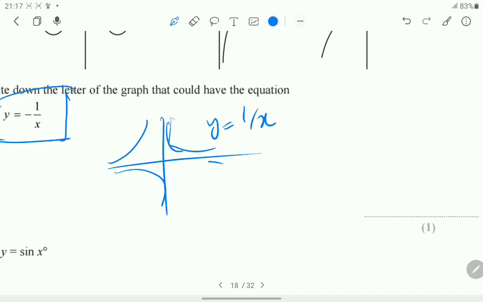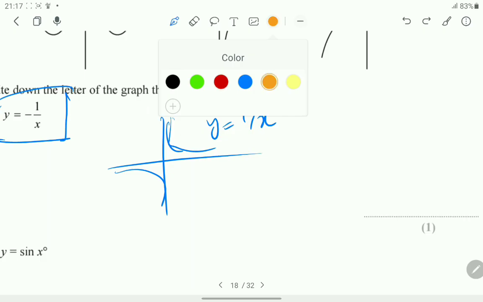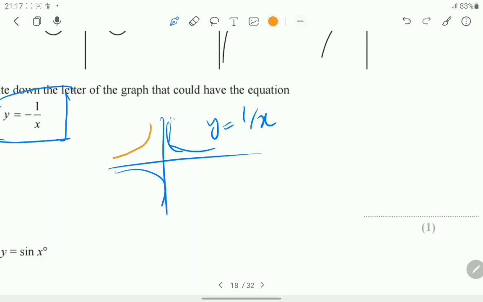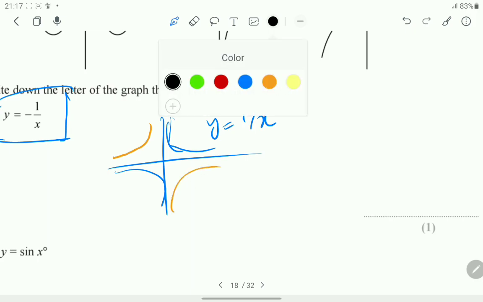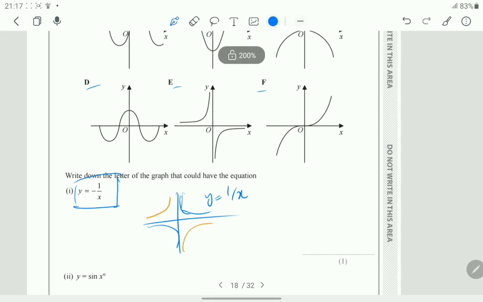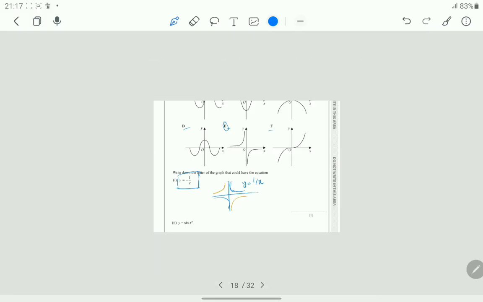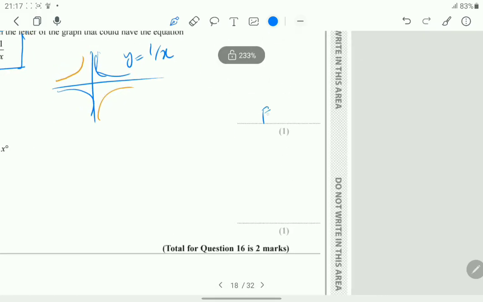So the graph of y equals minus 1 over x would be like this. So just remember this. From the given options, this is the correct answer, E.